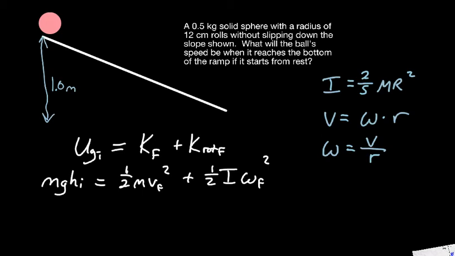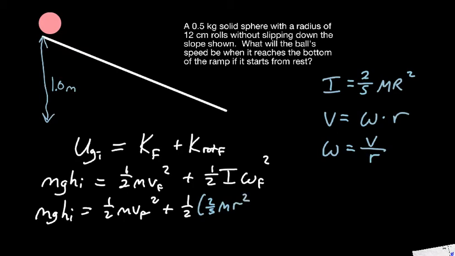So let's plug these new equations in. We get mghi equals 1/2 mv final squared plus 1/2, and then I was equal to 2/5 mr squared, and then omega is going to be v final over r, and then that gets squared also.